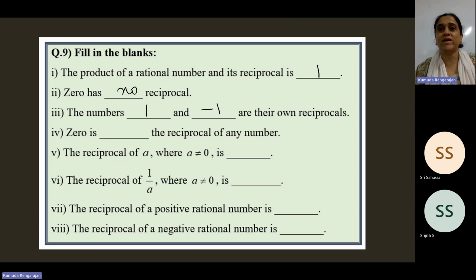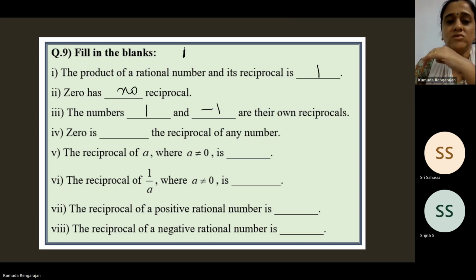What's the reciprocal of 1? 1. What's the reciprocal of -1? -1. How do you find the reciprocal? You should disturb the number, not the sign. So how do you invert 1? 1 only.